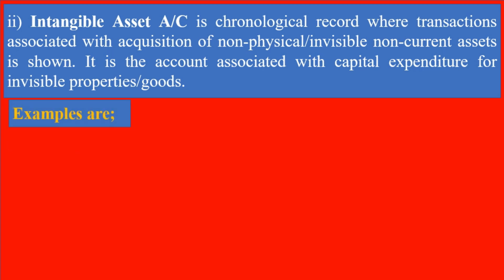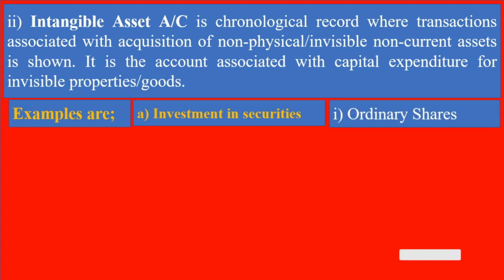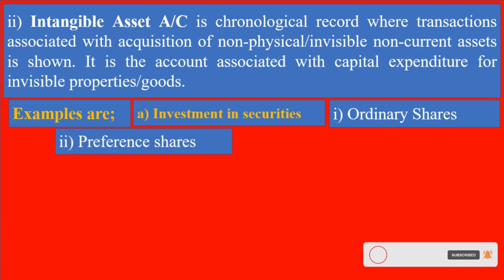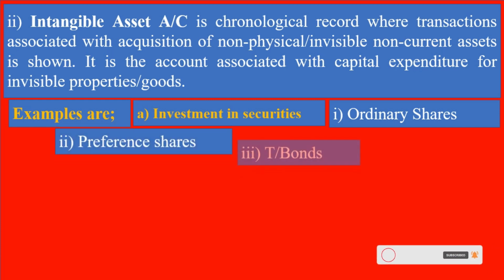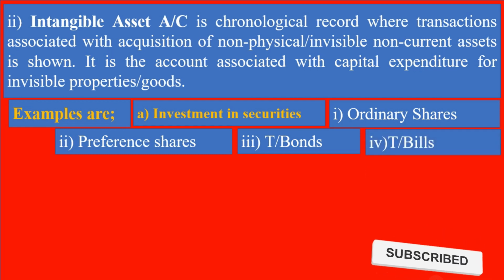For example, we have two classes, A and B. Class A is investment in securities: Roman 1, ordinary shares, Roman 2, preference shares, Roman 3, treasury bonds, Roman 4, treasury bills.